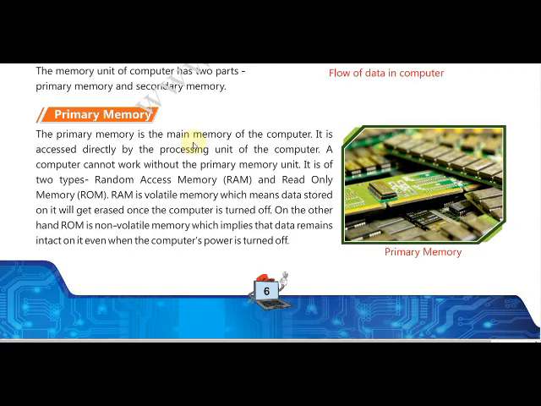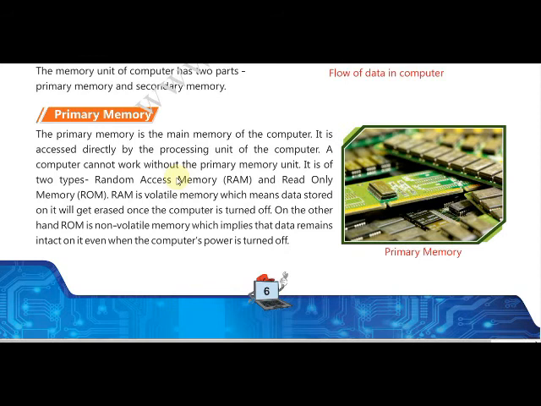It is located on the motherboard. It has a separate slot, and there are locks also. Using those locks you can lock this primary memory. You can see here there are two types of primary memories.